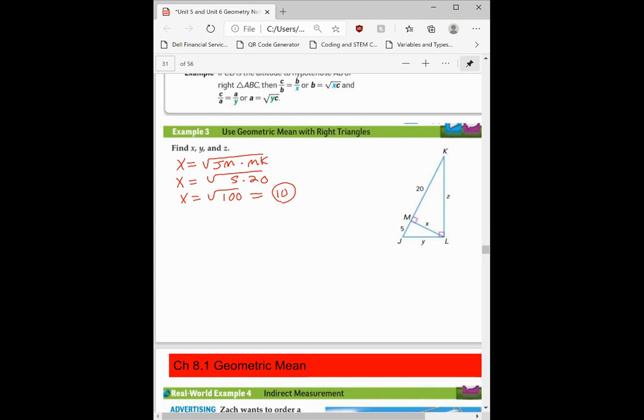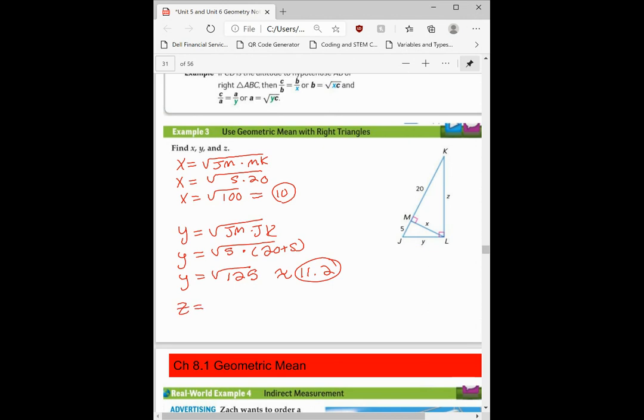Now let's find y. Since y is the measure of leg JL, y is the geometric mean of JM and JK. So y is equal to the square root of 5 times 20 plus 5. So y is equal to the square root of 125, or approximately 11.2.